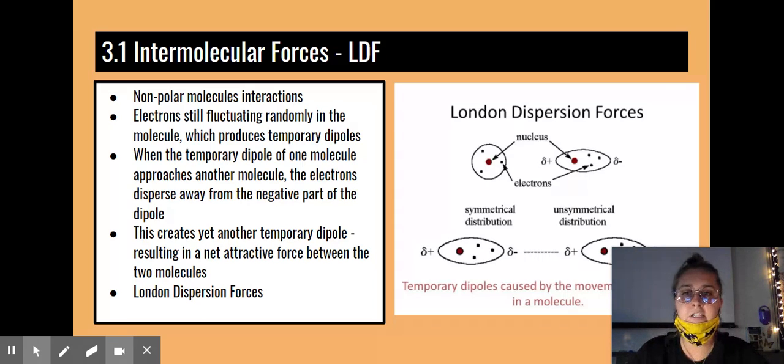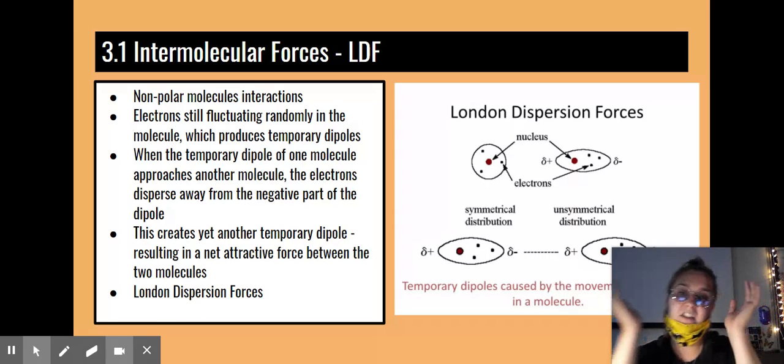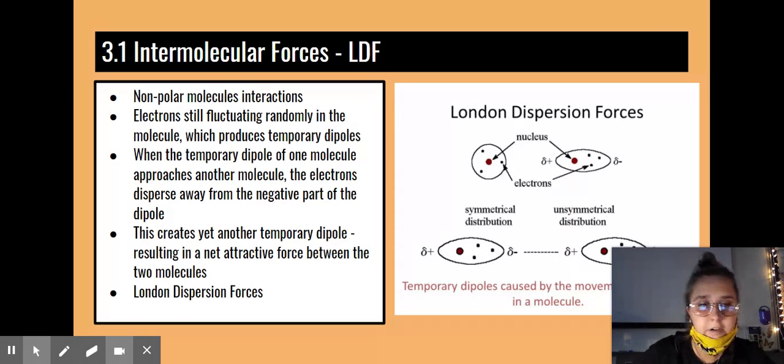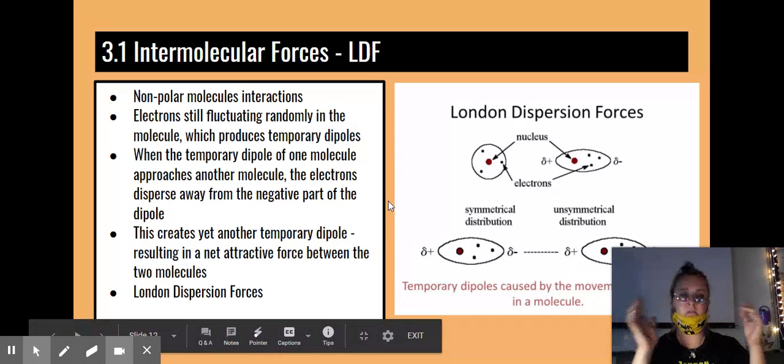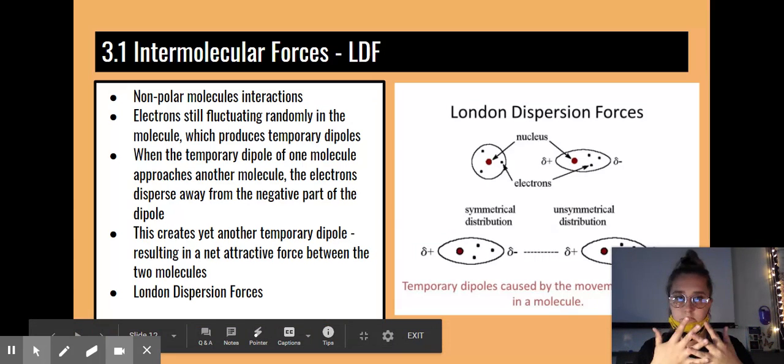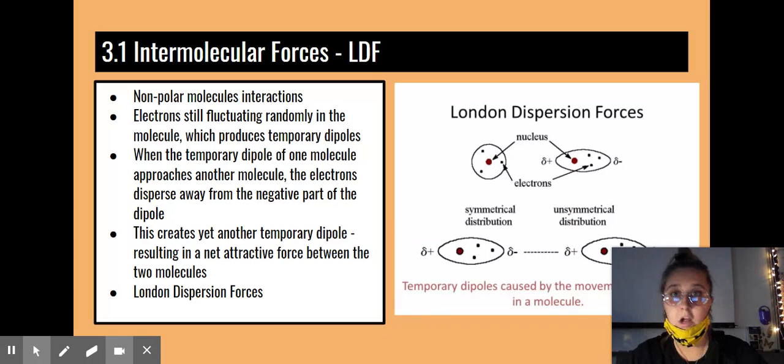And when the temporary dipole of one molecule approaches another molecule, if it just so happens to line up, the electrons disperse away from the negative dipole, and this creates another temporary dipole, and they end up attracting towards each other. It's a net attractive force, and therefore they are joined together then. Not in a bond, of course. It's not as strong as a bond, but that's basically the essence of it.